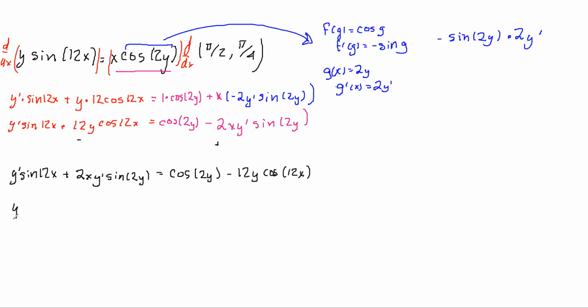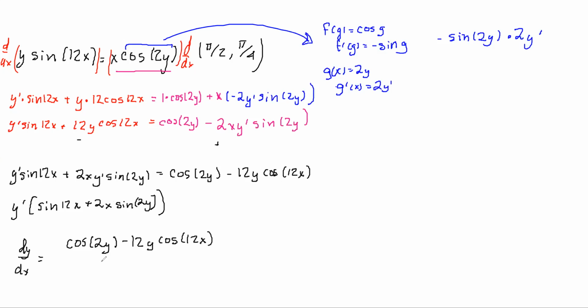I'm going to factor out my y prime here, and I'm going to divide by that. And so dy/dx is going to be cos 2y minus 12y cos 12x divided by sine 12x plus 2x sine 2y.